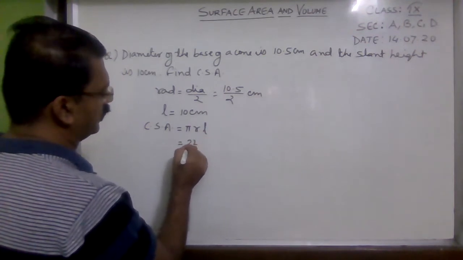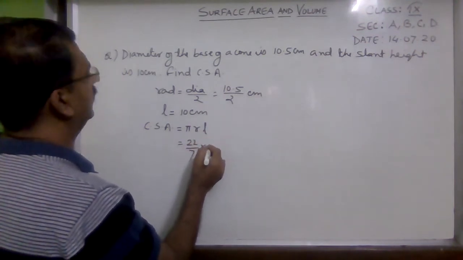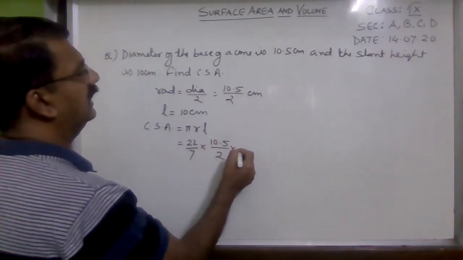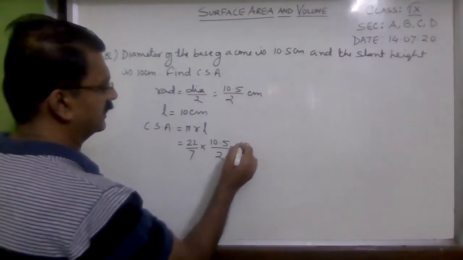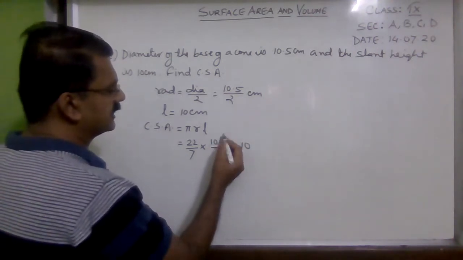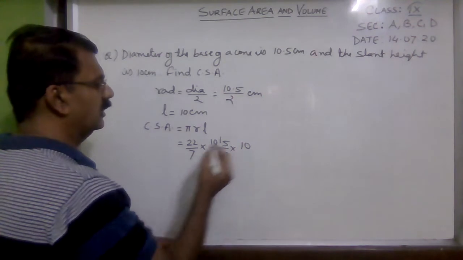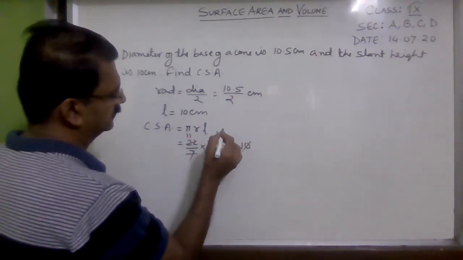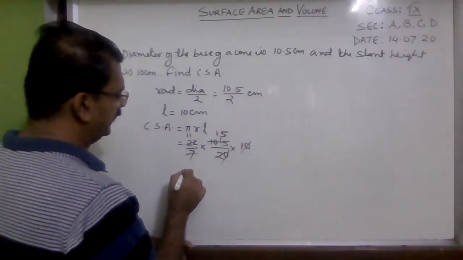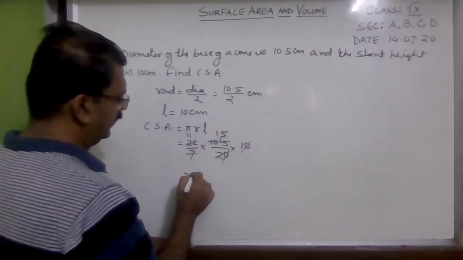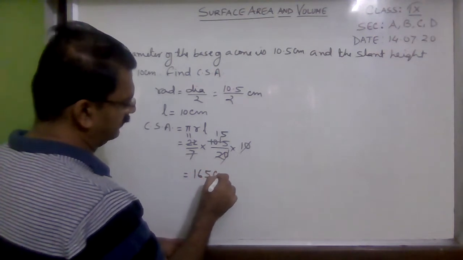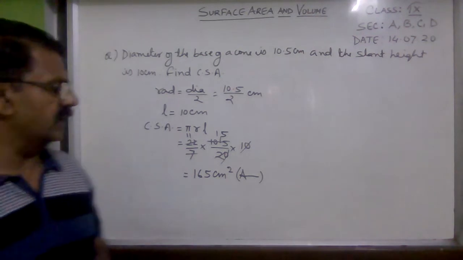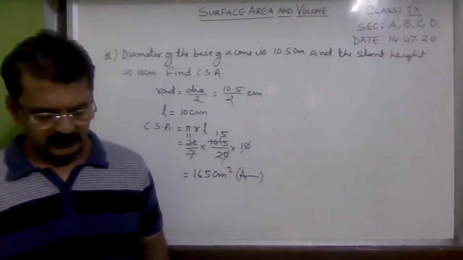For pi you use 22 by 7, r is 10.5 by 2 and the L is 10 centimeter. Okay, so if you remove this decimal here, there will be a 0 cancelled, it is 11 here. Now 15 into 11 will be 165 centimeters square, and that is your answer.